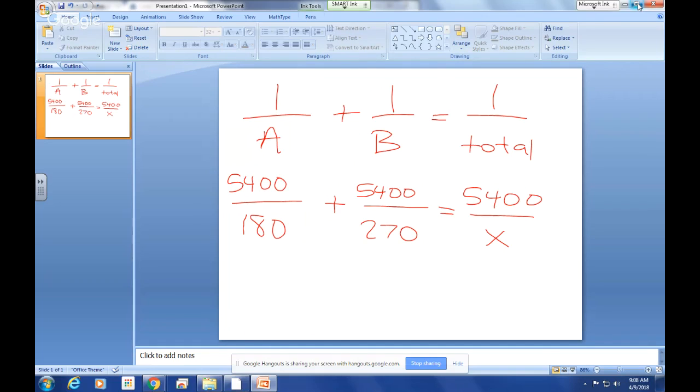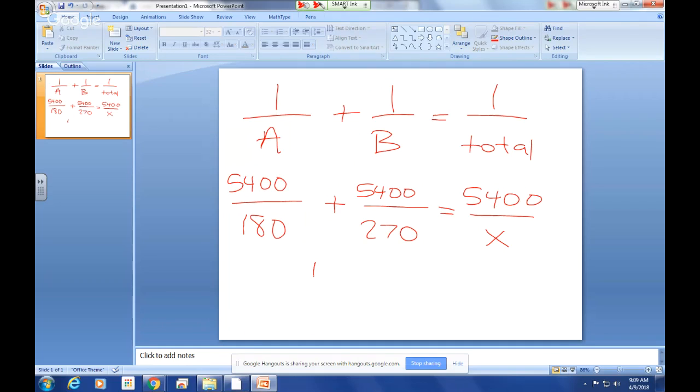Can somebody tell me what we get if we type this plus this in? Let's just change it to a number. Okay, what'd you get? 10,800 is this over that plus that. 5,400 divided by 180 plus 5,400.